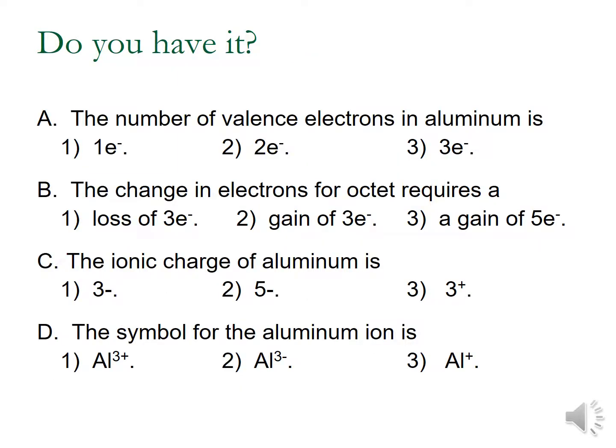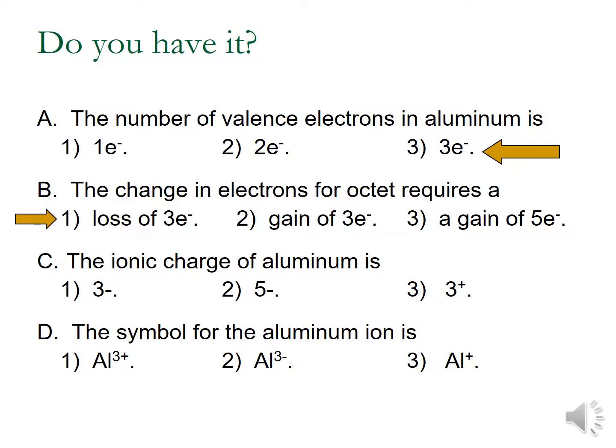So let's see if you understand this. The number of valence electrons in aluminum is, aluminum of course has 13 electrons, 2, 8, and 3. So there are 3 valence electrons in the third energy level for aluminum. The change in electrons for an octet would require, the easiest way for aluminum to get to an octet would be to lose the 3 electrons in the third energy level, leaving it 8 in the second level.